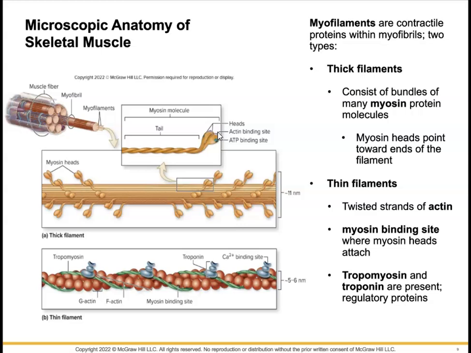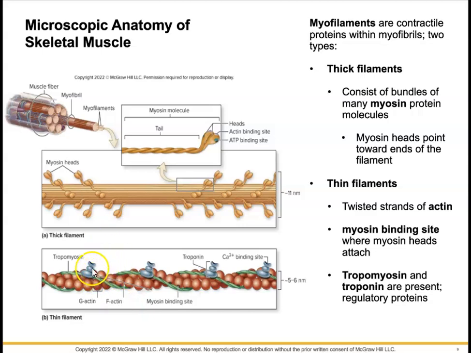But now notice you've got that green rope-like thing that's covering all the binding sites on the actin. So look right here. This is called tropomyosin. It's covering the actin binding sites. And it's anchored in place by these little globular proteins called troponin. So here's how I think of it.